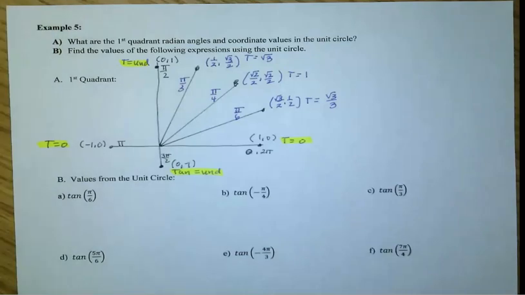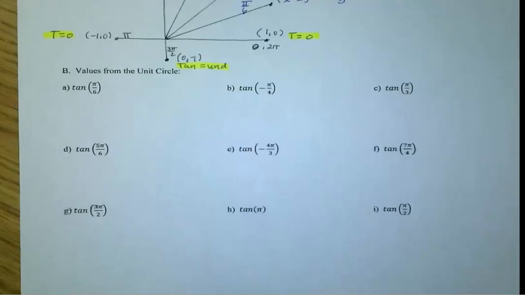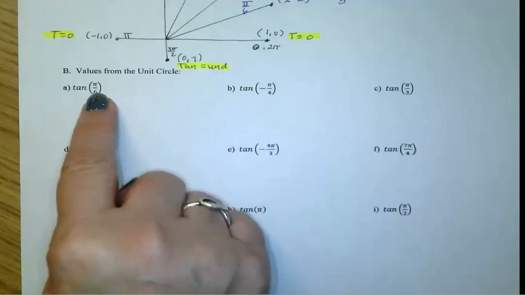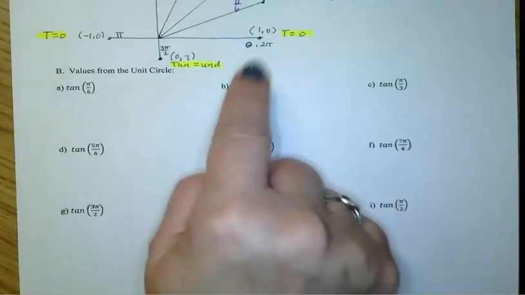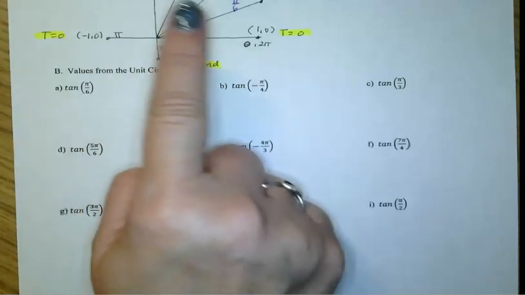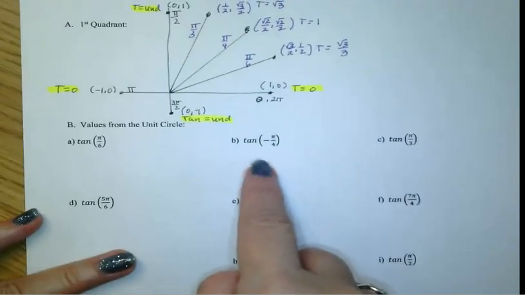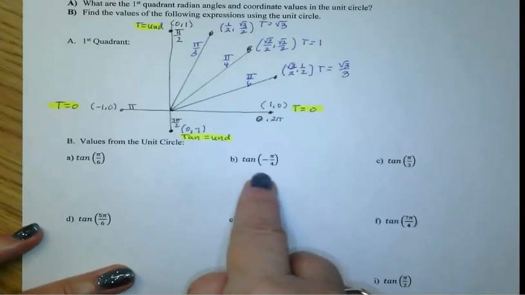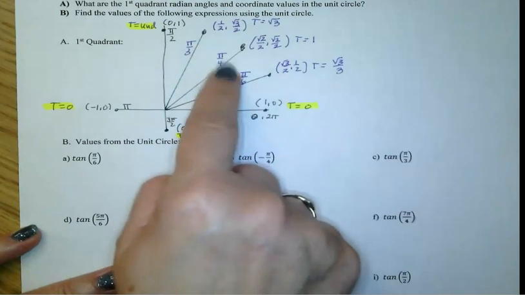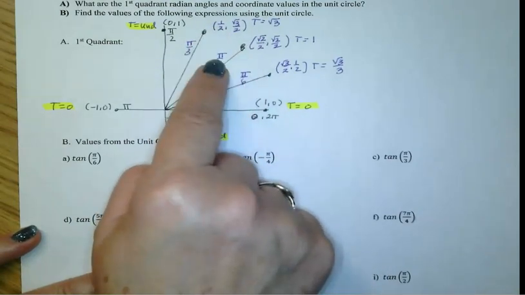All right, pause your video one last time, and I want you to use your first quadrant unit circle to answer the following questions. Remember that if the angle is positive, you're opening in the counterclockwise direction. If the angle is negative, you're opening in the negative direction, so the clockwise direction. And remember that all you have to do to figure out where this is, if you know where it is in the positive direction, like I know this is +4, and from the +0 axis, it's in the first quadrant.